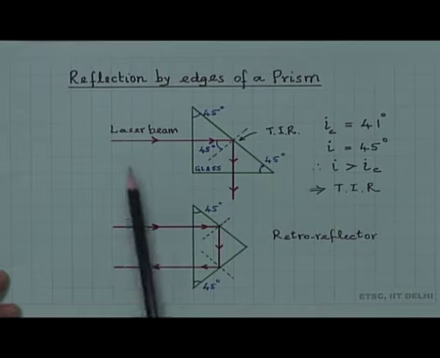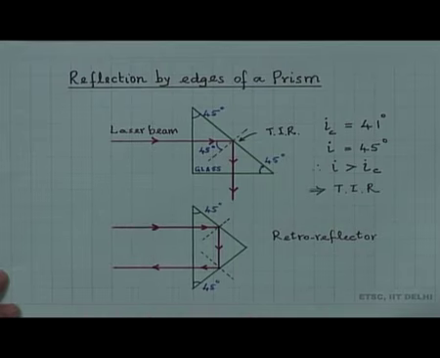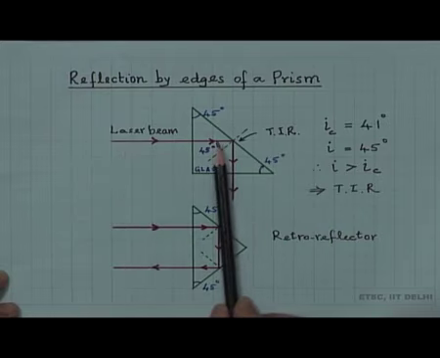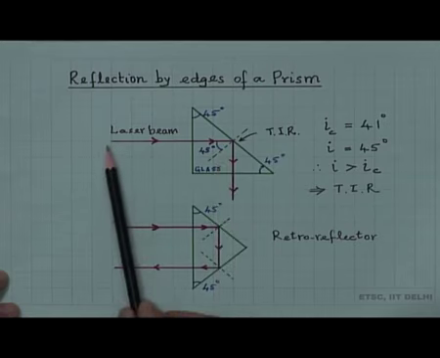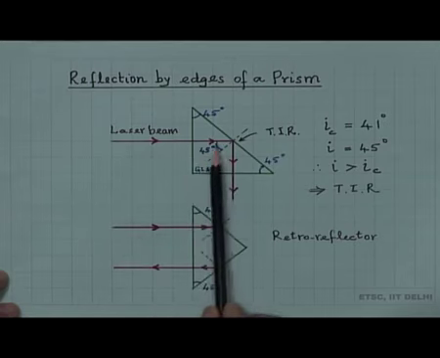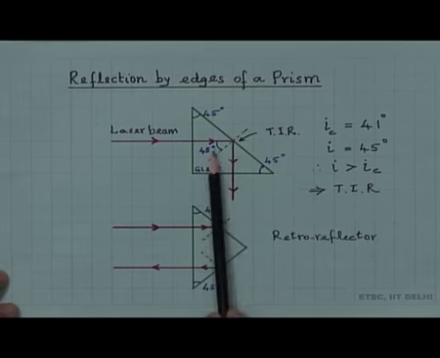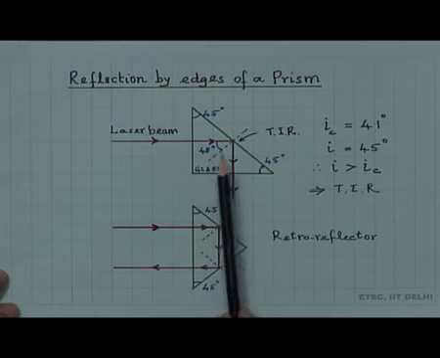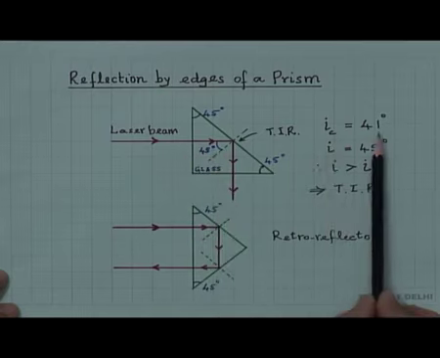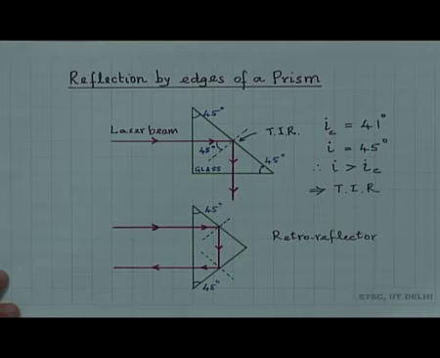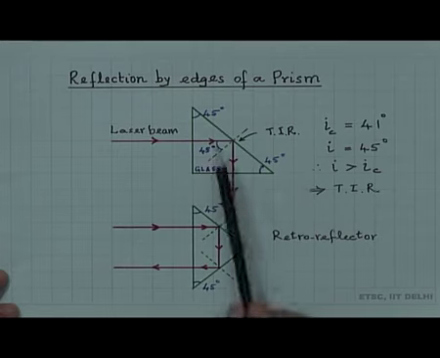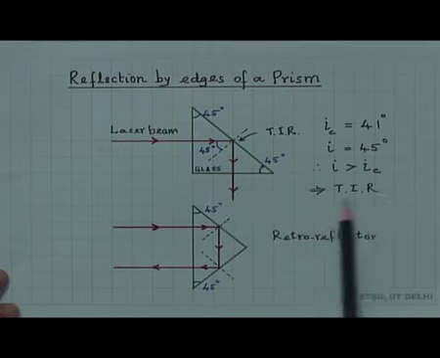A laser beam that is entering normally, at 90 degrees, will subtend an angle of 45 degrees here, and therefore, this angle of incidence is greater than the critical angle. The critical angle we just calculated was 41 degrees, and the angle of incidence I is 45 degrees, therefore I is greater than IC. This implies the beam will have to undergo total internal reflection.